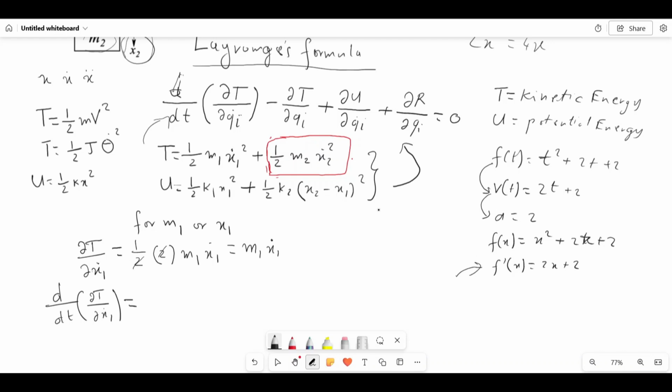Acceleration. So basically, we are differentiating in time. What we are differentiating in terms of time is the expression m1 x1 dot, which in this case, because the variable is time, should change to m1 x1 double dot. I hope you see the difference.